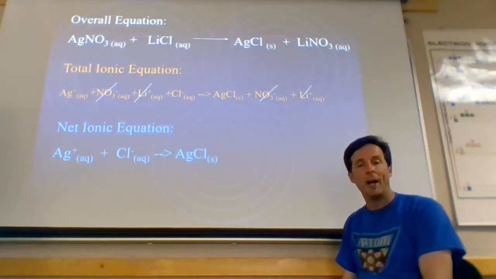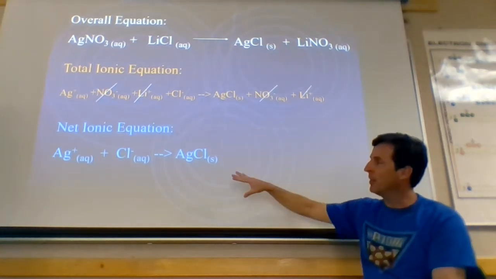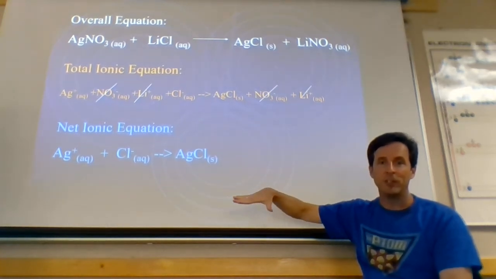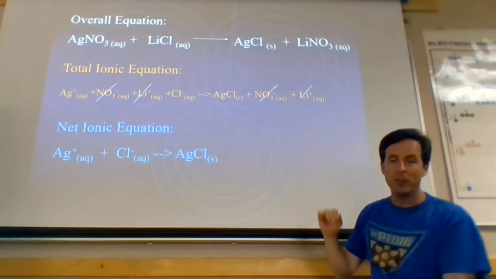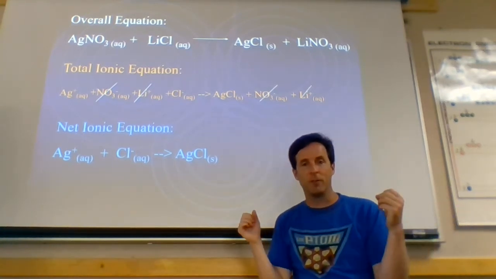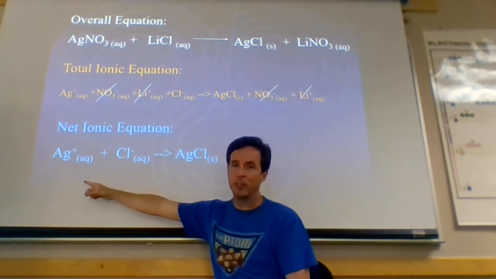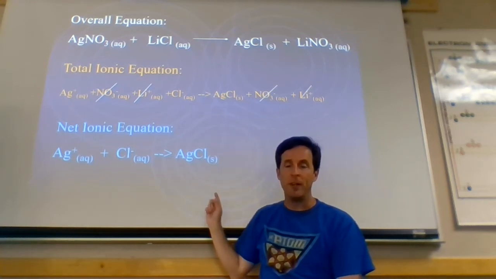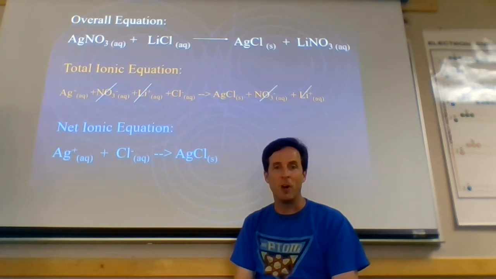So what I notice is if I get rid of the nitrate and I get rid of the lithium, this is like the cliff notes of what happened in this reaction. Instead of writing out the whole novel, if you just want the real quick summary, basically I mixed together a silver solution with a chloride solution, and it made silver chloride. The other ions that were there weren't really that important. So if you tell the summary, they get left out.